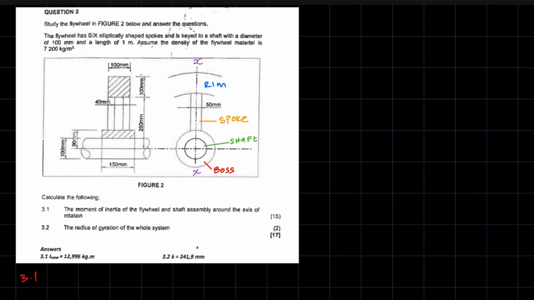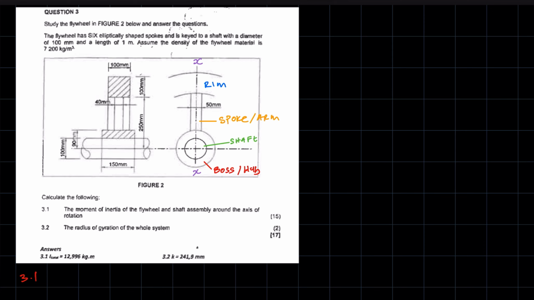For now, we are going to refer to it as the boss. Like I said, this can also be called the arm, but we will predominantly refer to this as the spoke, and this as the boss.